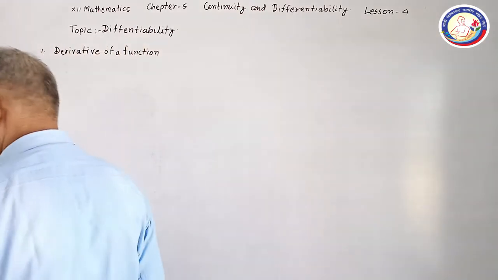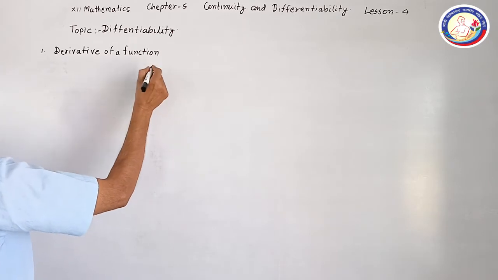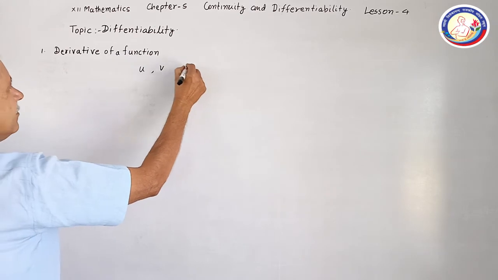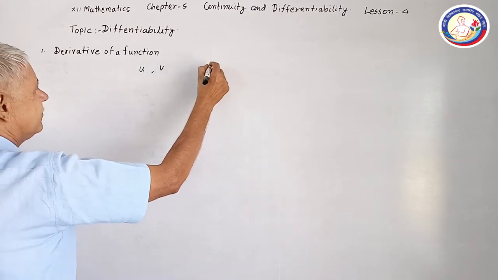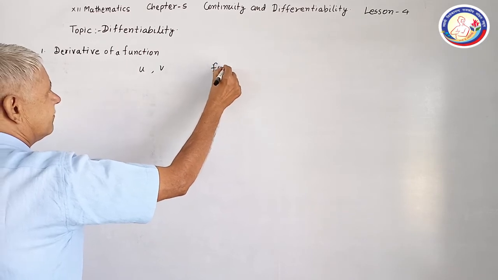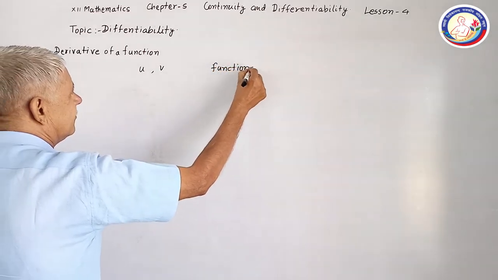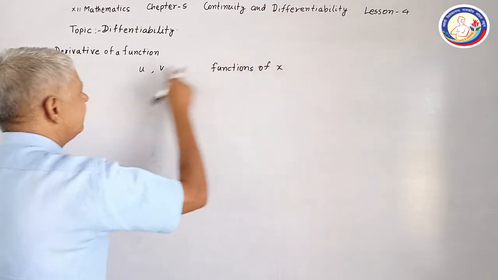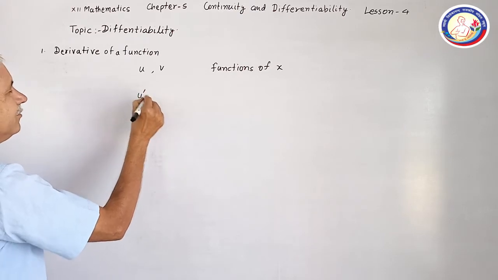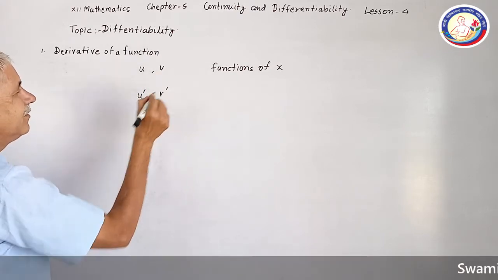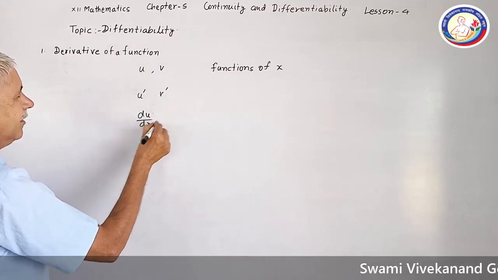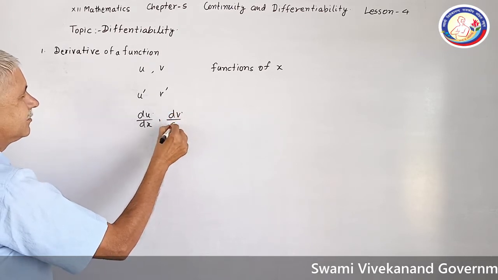First of all, if there are two functions u and v, which are functions of x, then the derivative of u is denoted by u dash and the derivative of v is denoted by v dash, or du by dx and dv by dx.